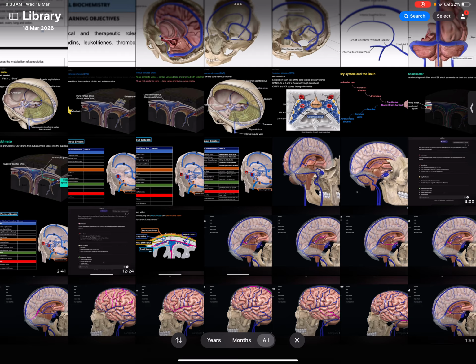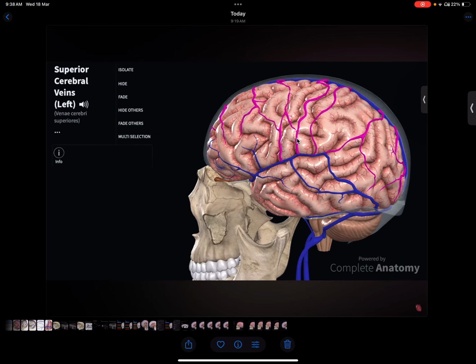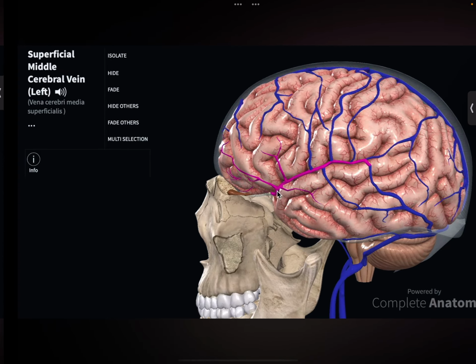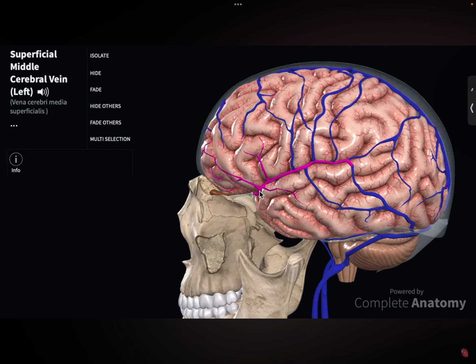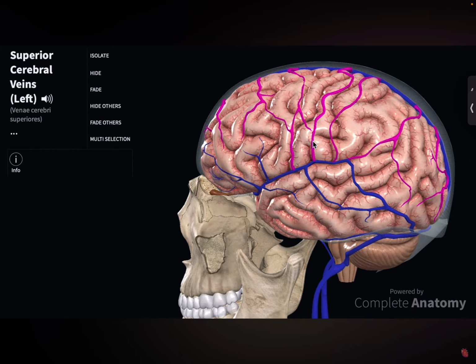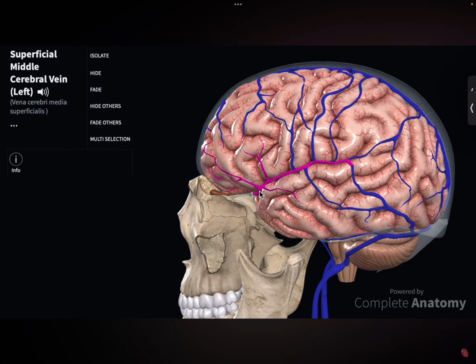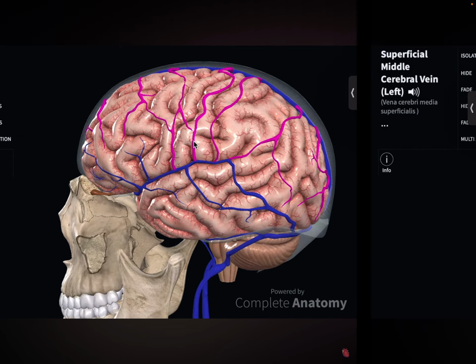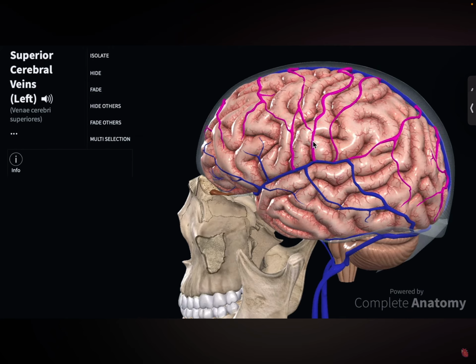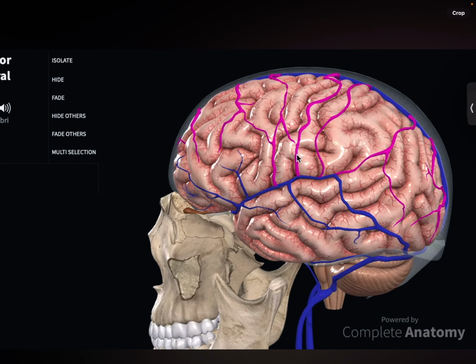And when you talk about the superficial cerebral veins, you have the superior cerebral vein and the superficial middle cerebral vein. The superior cerebral vein drains into the superior sagittal sinus.